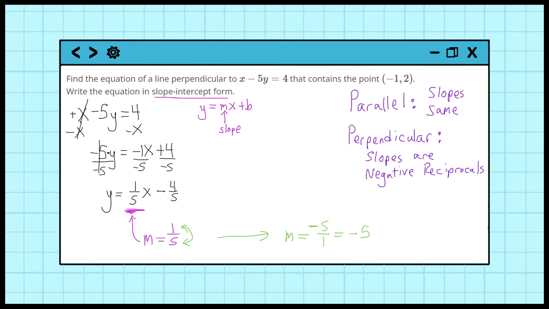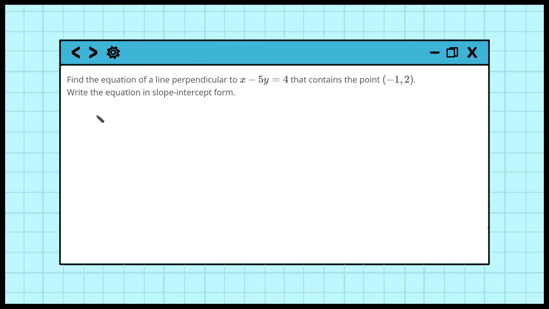Let's take a look. I'm going to go ahead and switch to this fresh board. And again, we know our slope is -5. And they told us that it's going to go through the point (-1, 2). So what I do first is I take my slope-intercept form, y equals mx plus b. But I'm going to replace my m with what I know it is, which is -5.